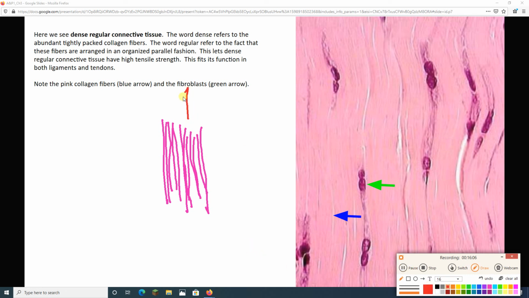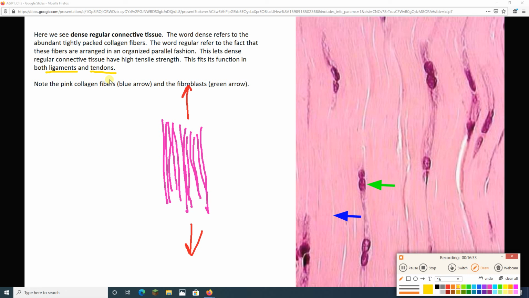If you pulled on it this way and this way, it would be really hard to tear this tissue because there's so many collagen fibers arranged in parallel fashion. That's dense and regular. Now we are going to find this tissue in two organs, ligaments and tendons.